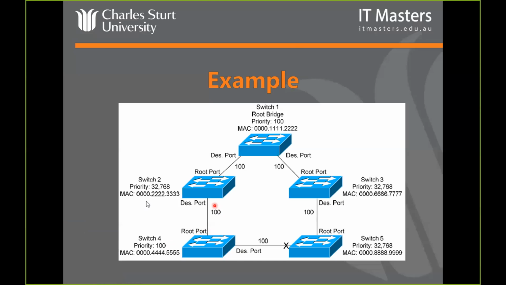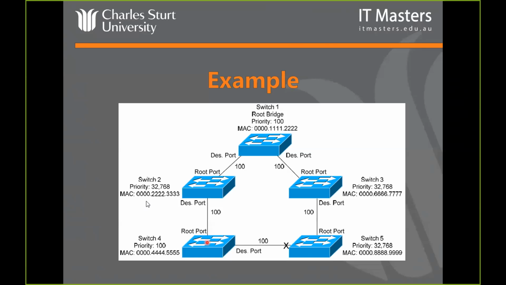You can see that the bandwidths are all 100 meg. So this switch here, to get to the root bridge, can go one of two ways. It can travel up this way through switch 2, or it can travel this way through switch 5 and switch 3. A 100 meg link is a cost of 19 for the root port calculation.